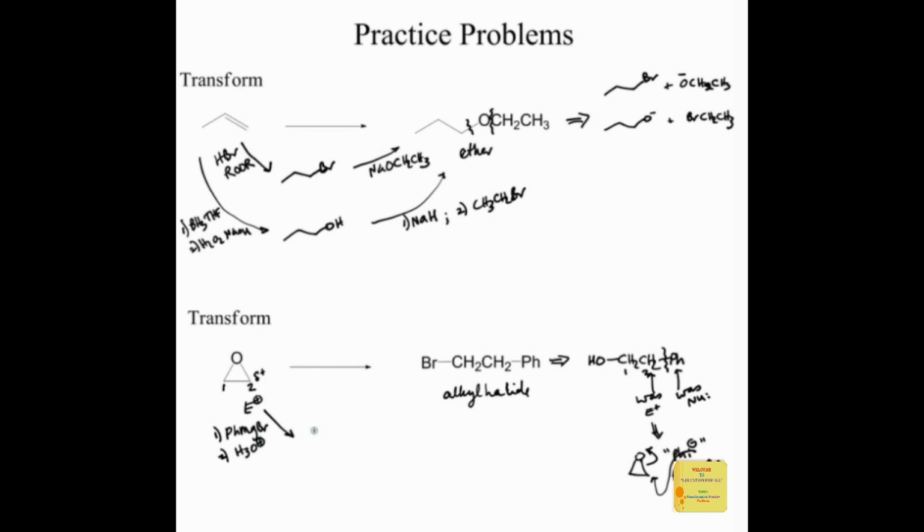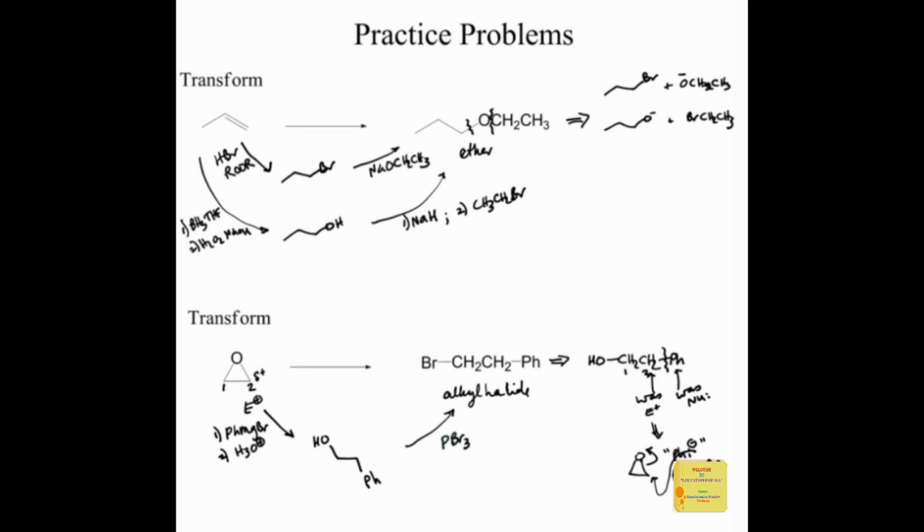Okay, that's going to give us an OH and a phenyl. So my phenyl is added to one carbon, and the OH ends up on the next carbon over. And then how do I go from the OH to the bromide? I use something like PBr3 to do a substitution.